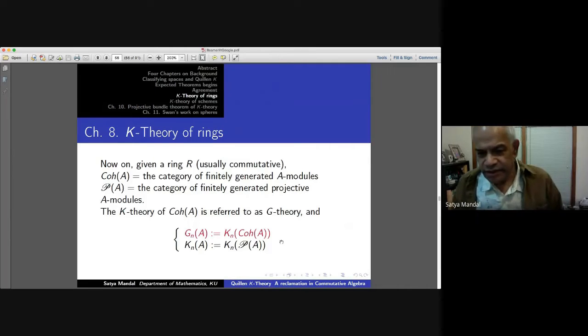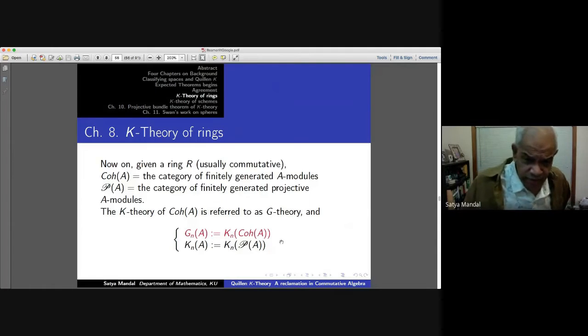K-theory of finitely generated modules or coherent modules is sometimes called G-theory. We use the notation GN for those groups, and KN corresponds to K-theory of projective modules.